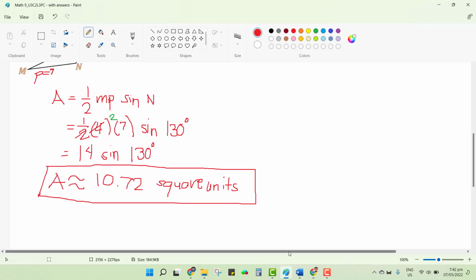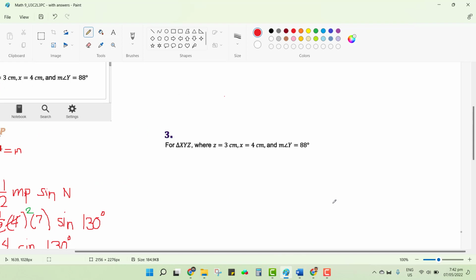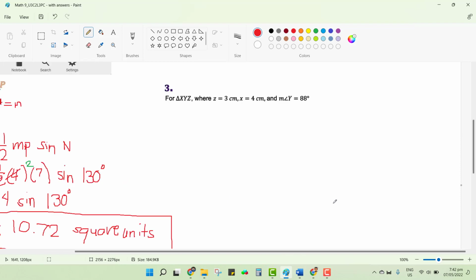In number 3, we may draw this one as we also tried in the previous video. You could always draw this one considering that 3 and 4 are sides given and the included angle is 88 degrees. If I may, I will draw it this way. I'm just going to assume you have here angle y. And then let's say z is shorter.